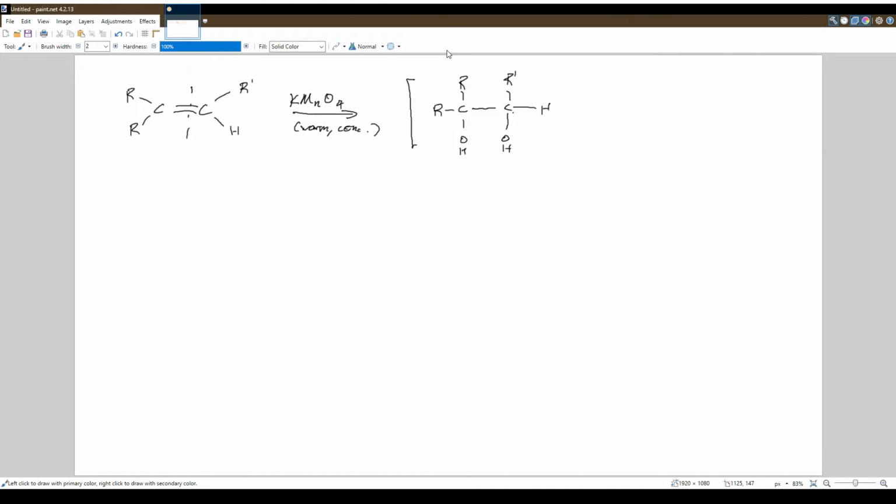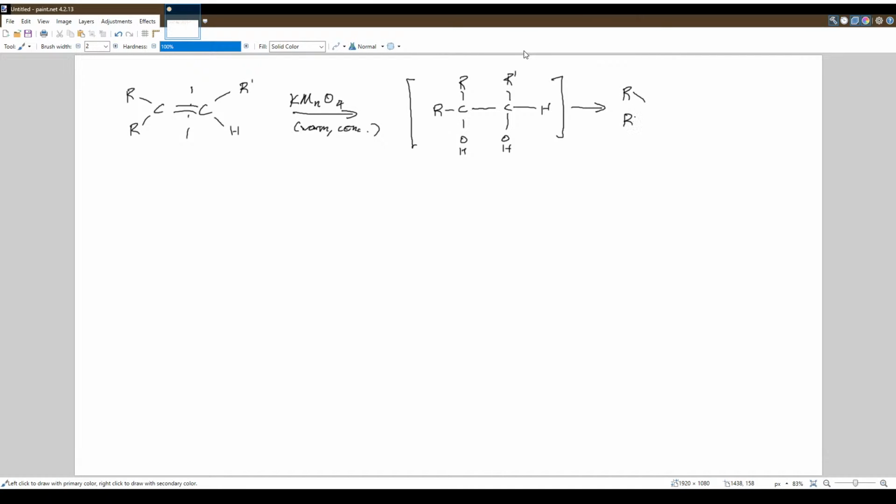I guess it's a glycol, diol, glycol. I don't know what the difference is. And then it's gonna cut it in half. Unfortunately, I don't really know what's going on here with the arrows, so that's gonna be a difficulty.